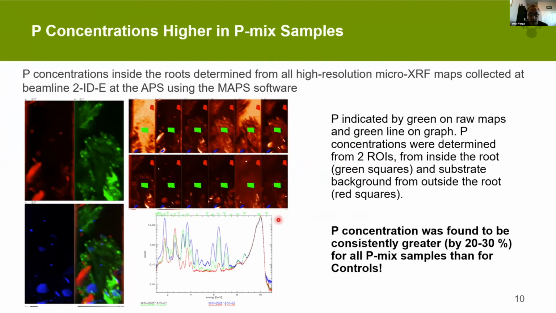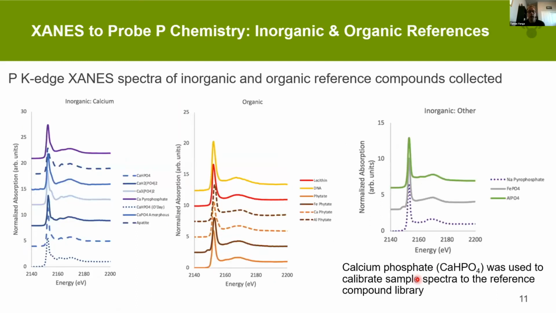We did this extensive analysis, and we found that the phosphorus concentration was consistently greater in the PMIX samples by about 20-30% on average than in the controls, again indicating greater phosphorus uptake in that group.